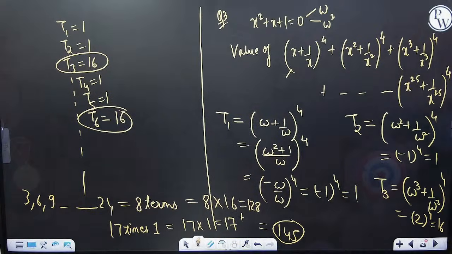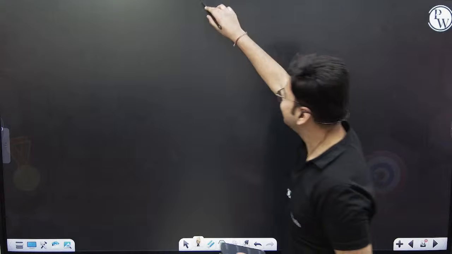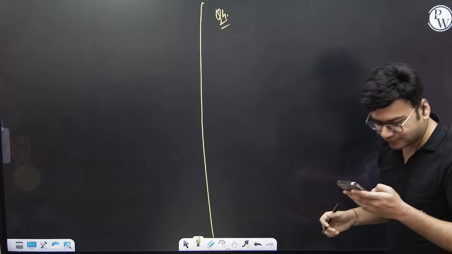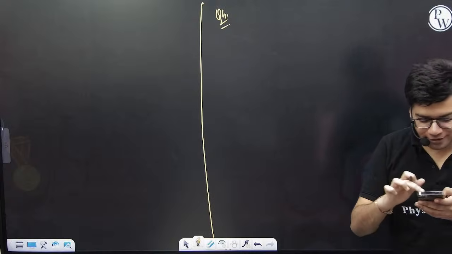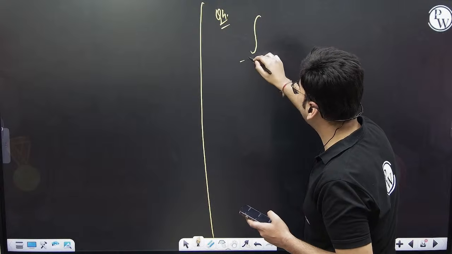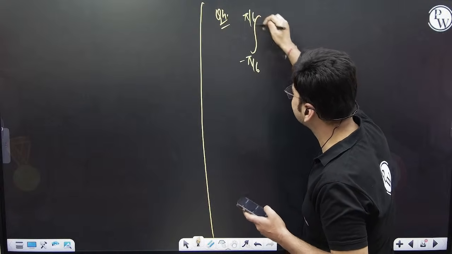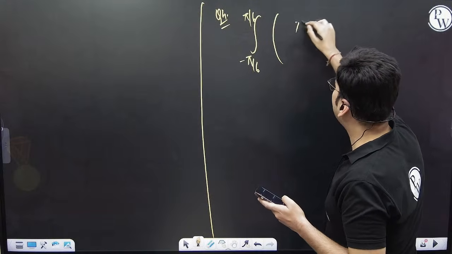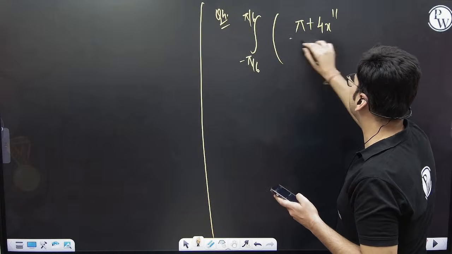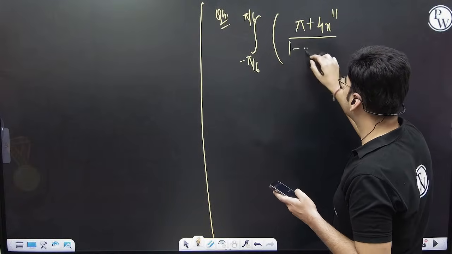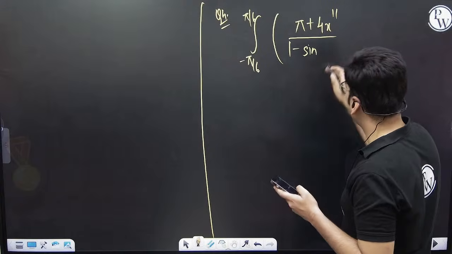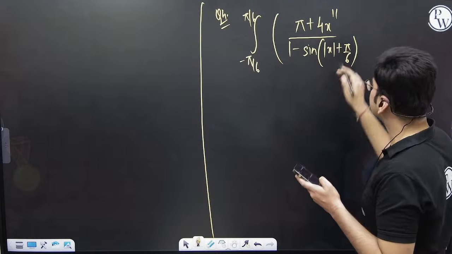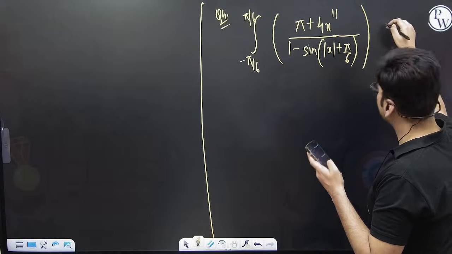Let's see the fourth question. Again, a question of definite integration. Integration from minus pi by 6 to pi by 6, and it is given (pi plus 4x) raised to the power 11 upon 1 minus sine of mod x plus pi by 6, dx.